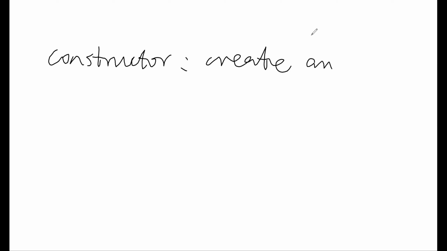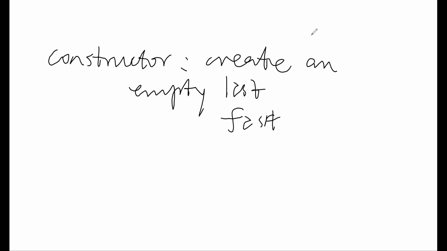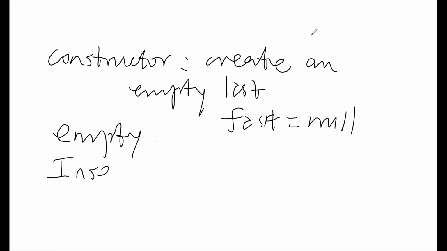An empty list is just a list where you set the first node to a null value. It doesn't point anywhere. Another operation that we generally use is empty. And we also started discussing insert.